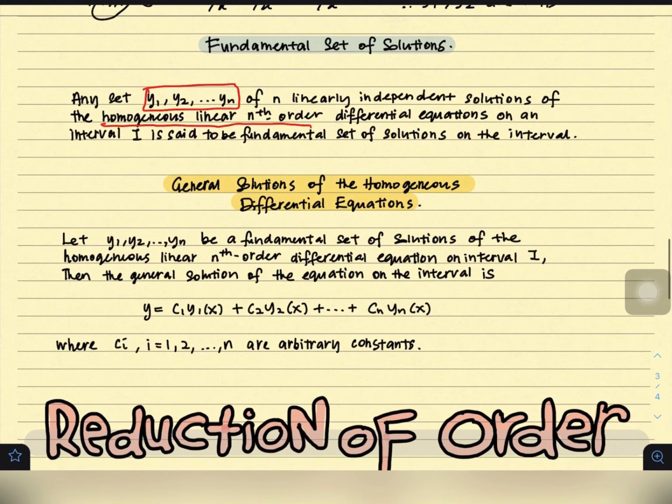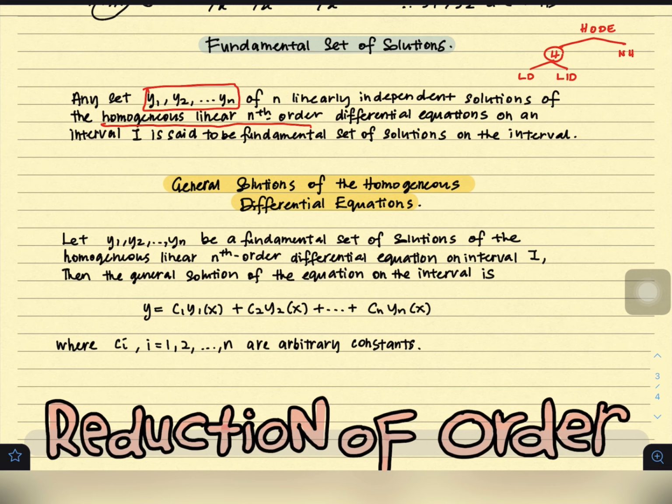Maksudnya, kita ada higher order differential equation. So higher order differential equation ni dia boleh jadi either homogeneous or non-homogeneous. So now kita fokus kepada homogeneous dulu. So homogeneous ini ada solution sama ada linearly dependent solution ataupun linearly independent solution.